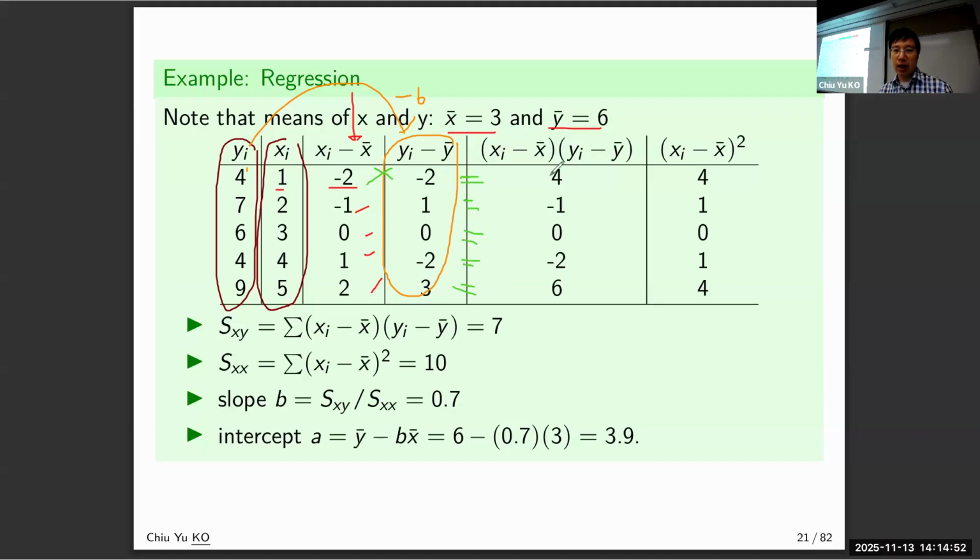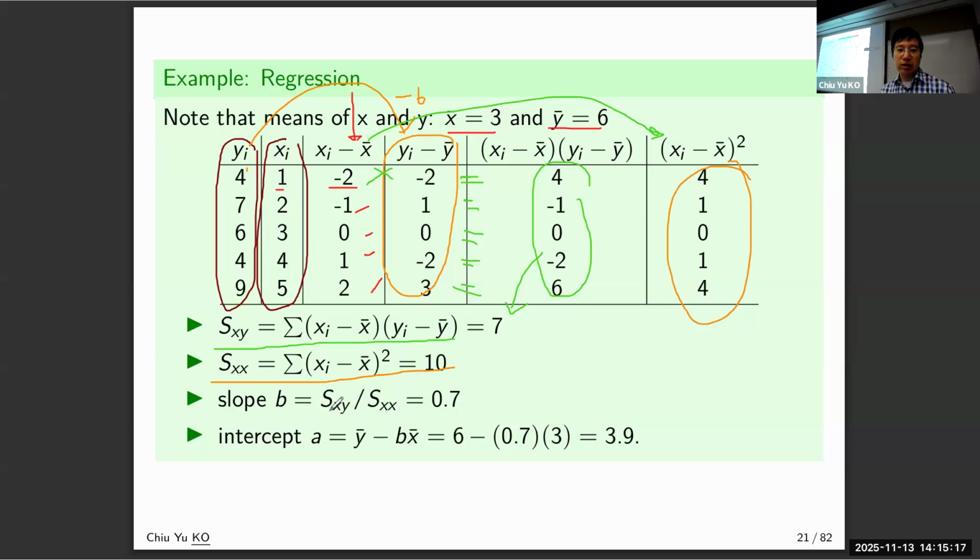Because once you add up, this is the numerator of the B. And you also multiply this by itself, because this is the denominator of the B. So the numerator, adding up all of this, becomes 7. And adding up all these numbers gives you 10. And B is just this divided by this, which is 0.7. And A will be just Y bar minus B times X bar, which gives you 3.9.